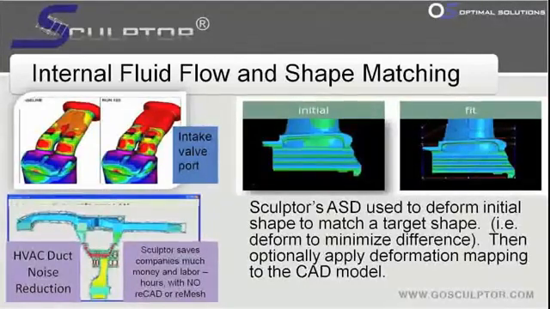But this allows people to reuse a good mesh that they have created on the as-designed part, and they're able to analyze an as-built part. Being able to improve mass flow, or reduce pressure drop, or improve the flow quality inside of a duct or inside of a combustion chamber is also important.